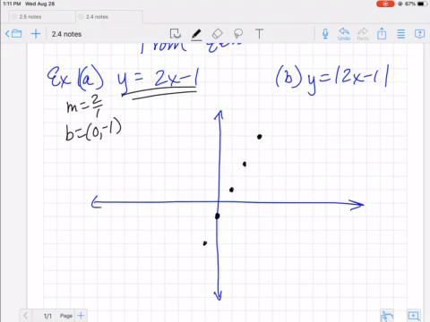Down 2, back 1. And draw that. So that's my line, right, that we have.